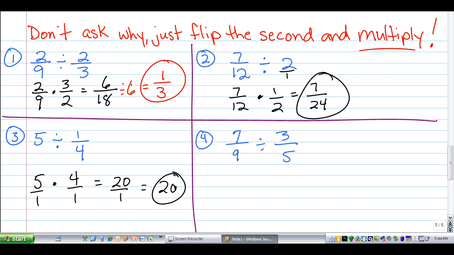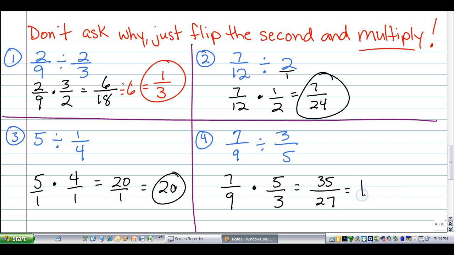Okay. 7/9. I'm going to multiply, and I'm going to flip this to 5/3. 7 times 5 is 35. 9 times 3 is 27. I have an improper fraction, so I have to say to myself, how many times can 27 go into 35?